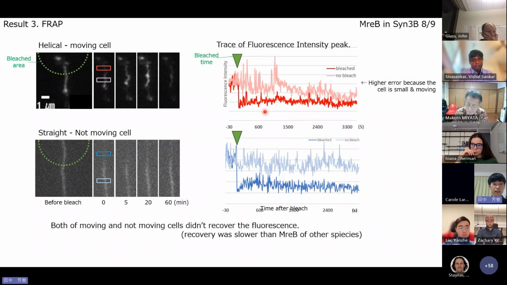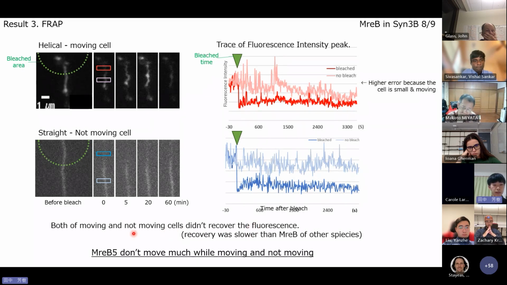However, it can be seen that fluorescence has not recovered in both motile and non-motile cells for at least 30 minutes. This recovery speed is slow compared to MreBs in other species. So this result suggests that MreB5 doesn't move much, whether the cell is moving or not moving.